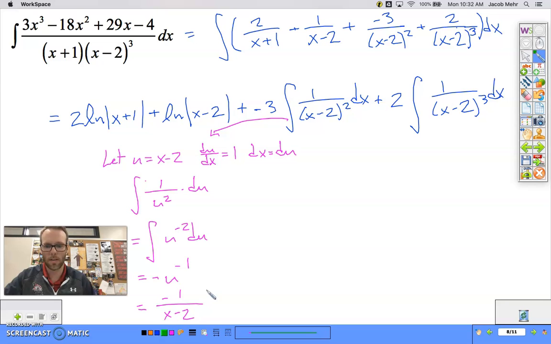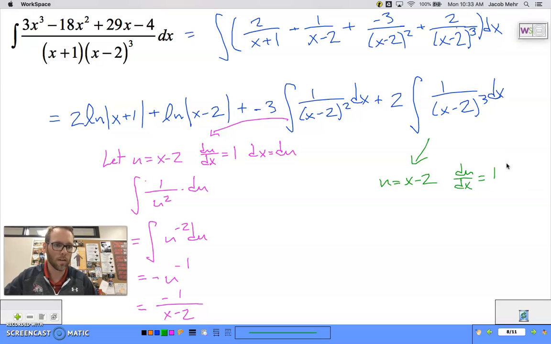Let's do the same thing here. Let's let u equal x minus 2 again. du dx equals 1, so dx equals du.